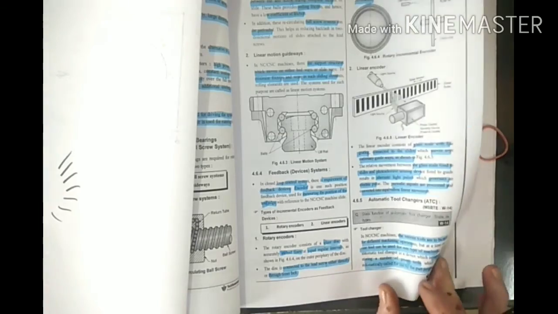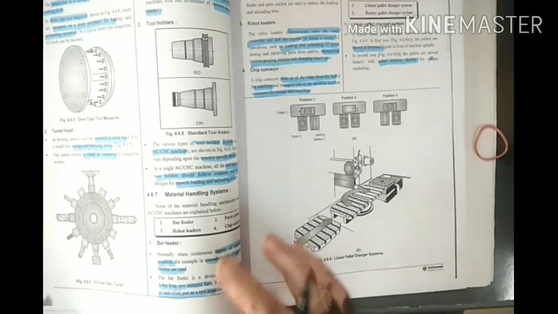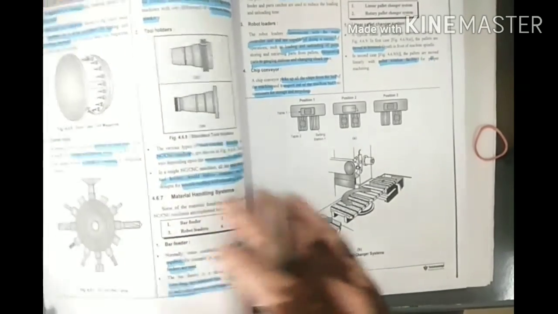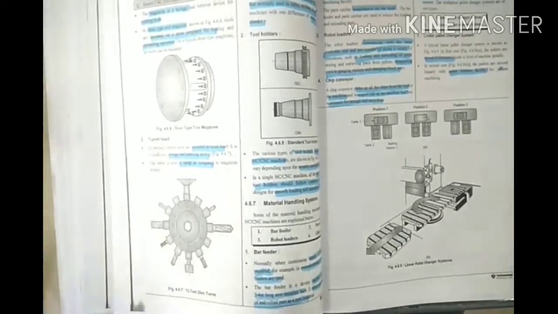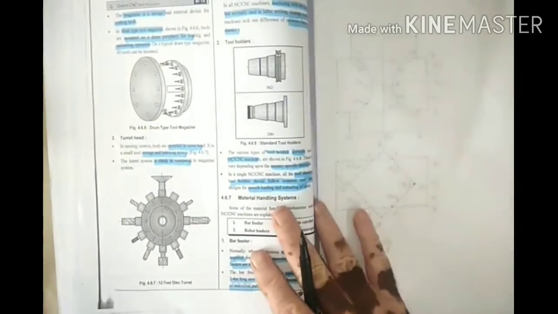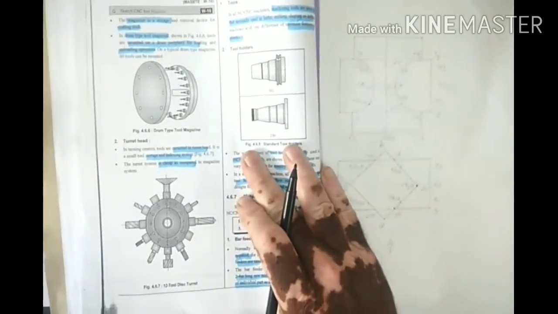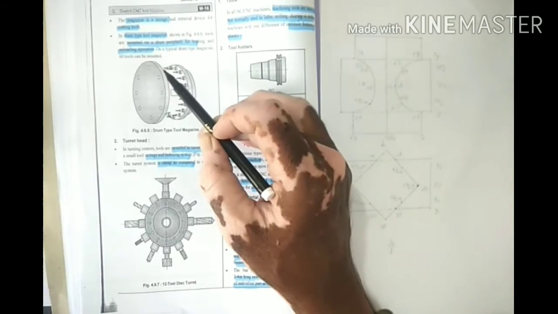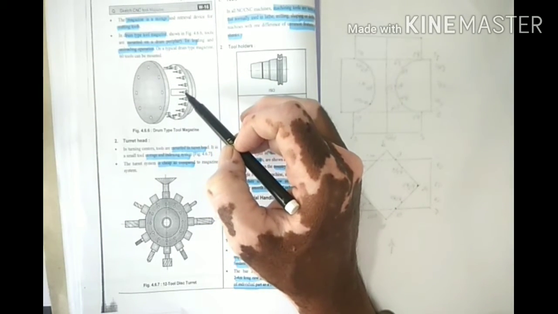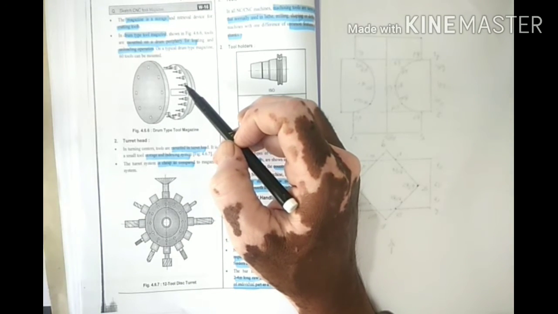So there are two types of magazines or tool changers used in CNC machines. One is the magazine type and another is the turret type. In the magazine type, as you can see in the figure, the magazine is a storage, like the bullet magazine in a revolver.